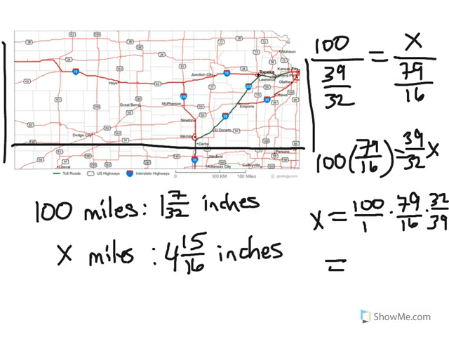And the result is approximately 405 miles. So that's how you would use the scale factor on a map to discover a distance, using a measurement you also made on the map.